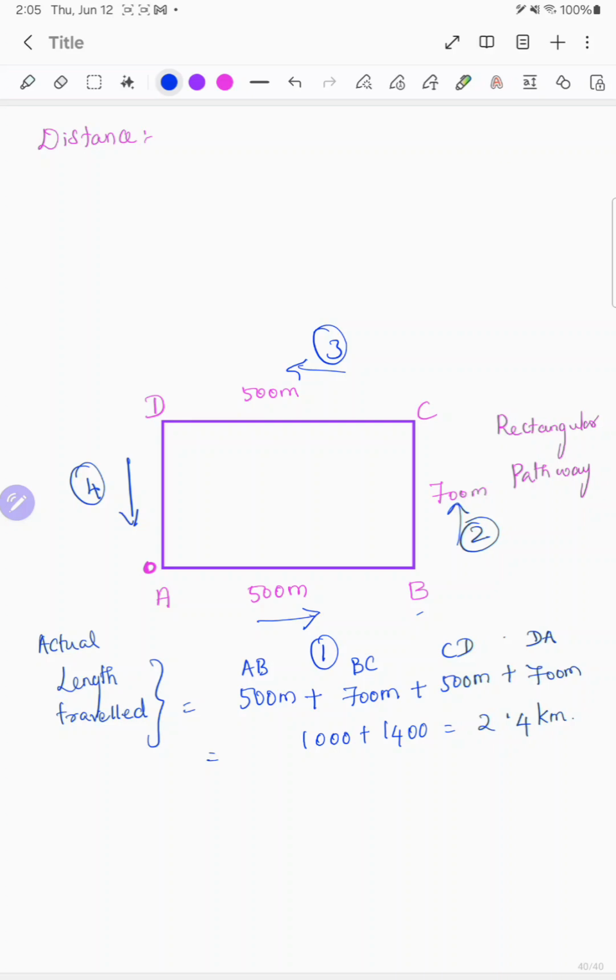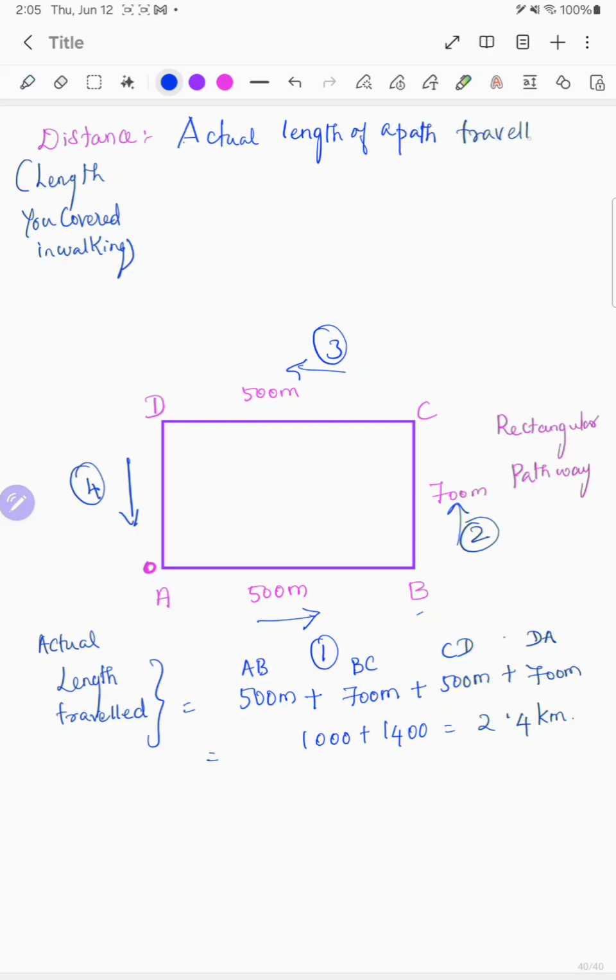So distance is the length you covered in your walking, right? That is what is mentioned as the distance. The definition is the actual length of the path you traveled by moving your body, irrespective of the direction you have traveled.